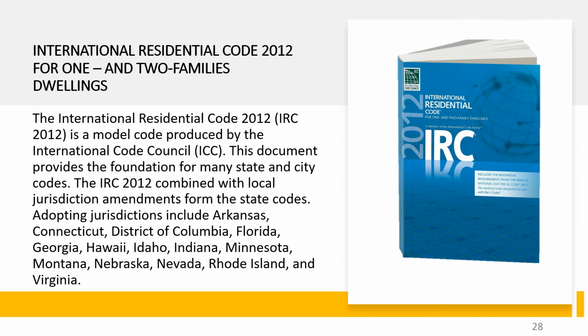The IRC 2012 combined with local jurisdiction amendments form the state codes. Adopting jurisdictions include Arkansas, Connecticut, District of Columbia, Florida, Georgia, Hawaii, Idaho, Indiana, Minnesota, Montana, Nebraska, Nevada, Rhode Island, and Virginia.